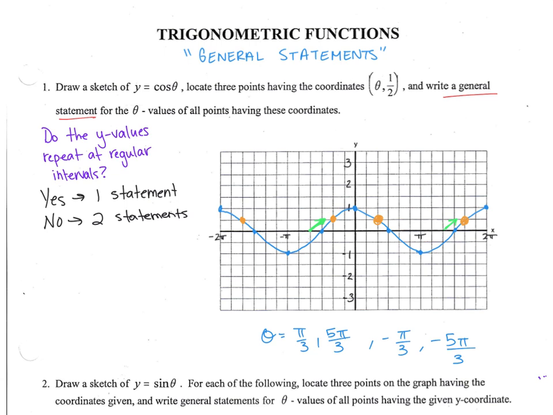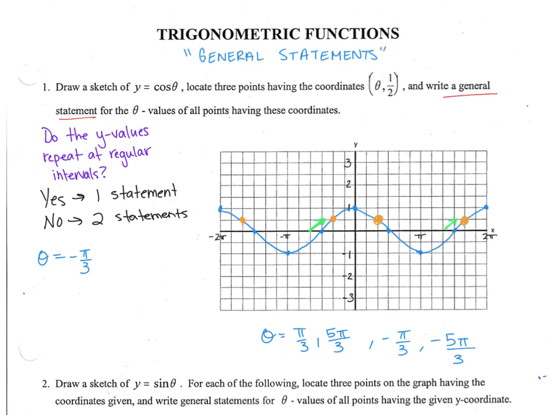So for that statement, I have theta is equal to, and I can pick where I want to start my first value of theta. So maybe we say I'm going to start that first value of theta at negative pi by 3, because that's my angle. How can I predict to someone what my next angle will be that gives me a y value of 1/2?